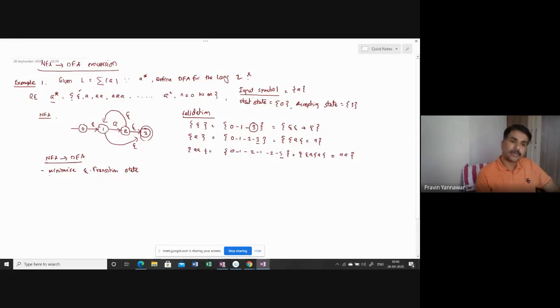We are trying to minimize these epsilon transition states, which means we need to remove the epsilon transition edges. So minimize the epsilon transition states, and at the same time, epsilon edges are minimized.